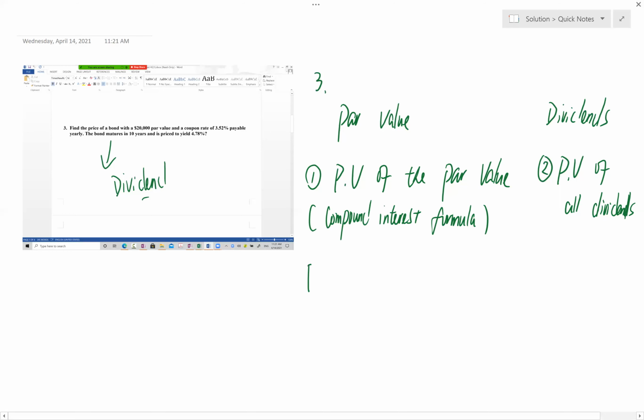So the future value of this bond is $20,000. And we know that the market rate is 4.78%. So on average in the market, your money will grow at 4.78% compounding yearly. And that's what this is talking about. And time t is 10 years. Okay, the number of compounding periods is 1, right? Once per year.